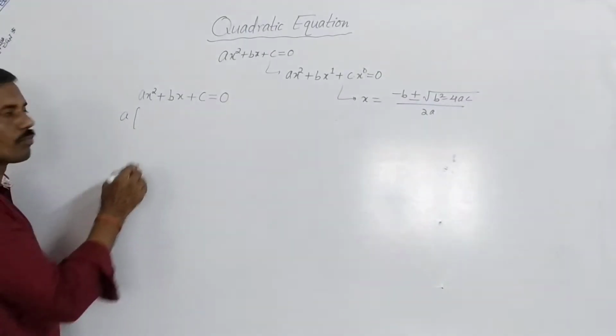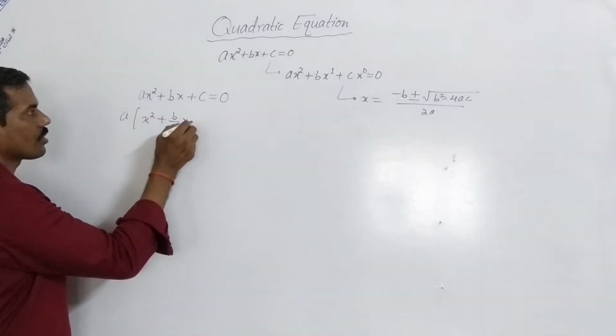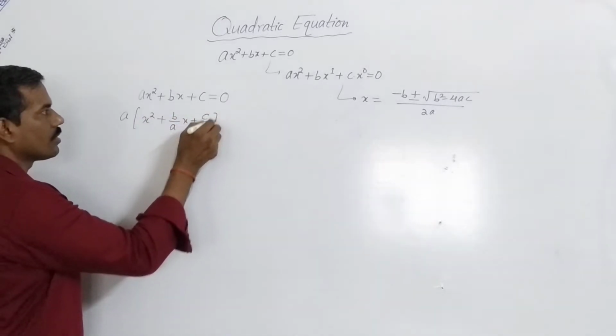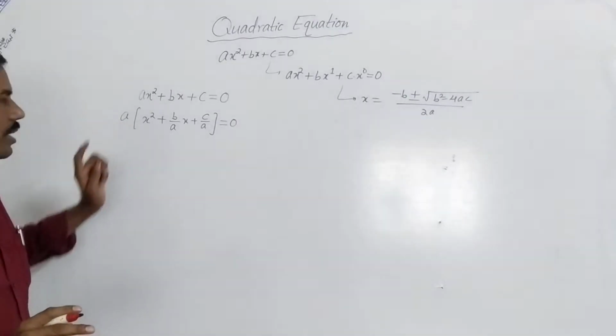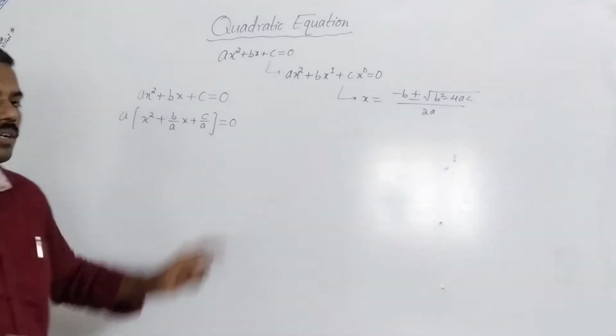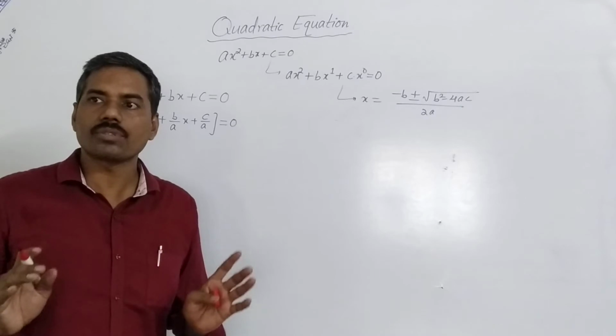Taking a as common, we have x square plus b by ax plus c by a is equal to 0. Clear? Remove a, means send a to the right side, 0 upon a, and 0 upon a becomes 0.